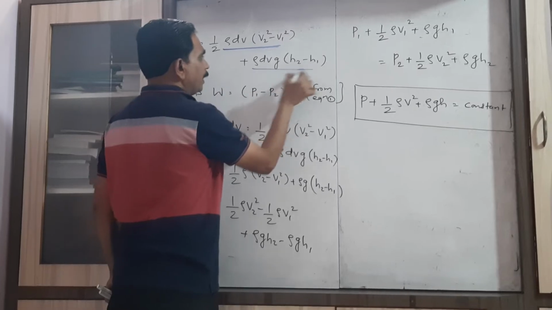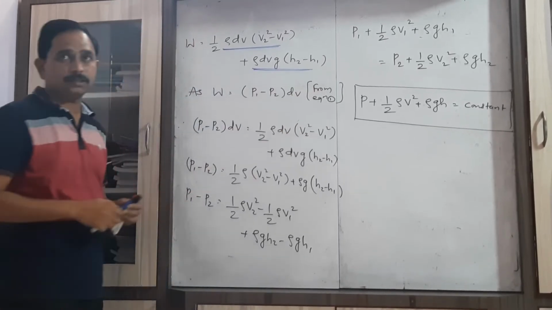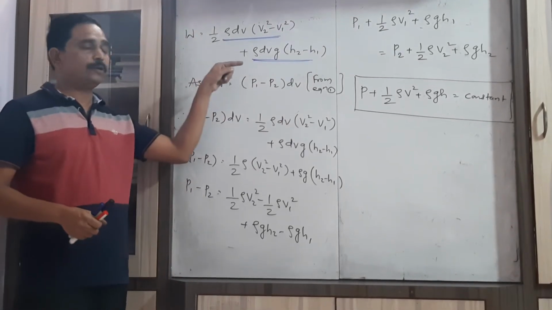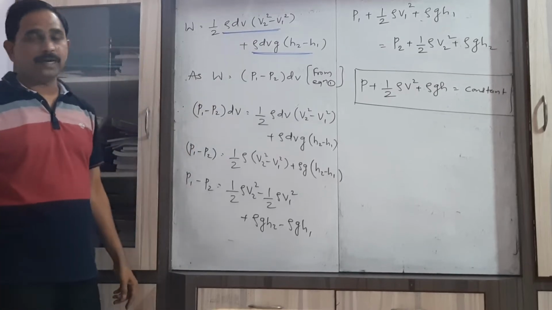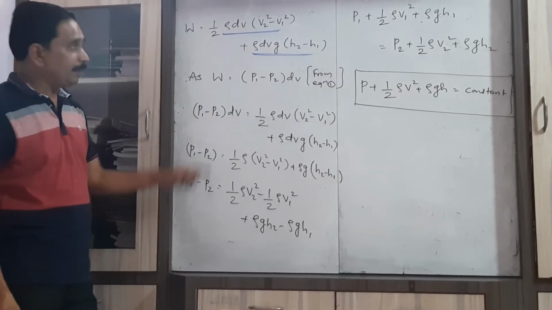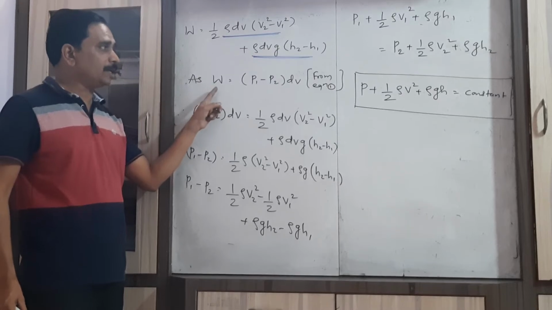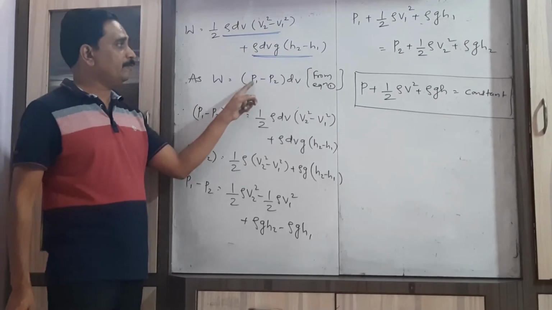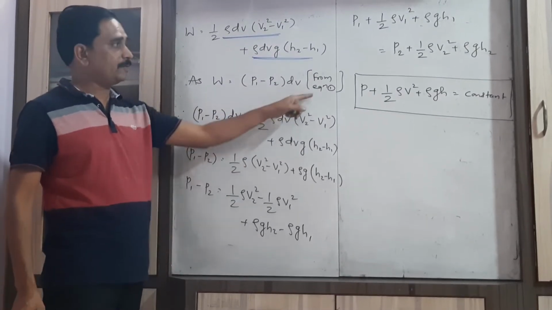This is the complete value of change in potential energy, that is rho into dV into g in bracket h2 minus h1. Now as we obtained, the work done is equal to P1 minus P2 into dV in equation 1.